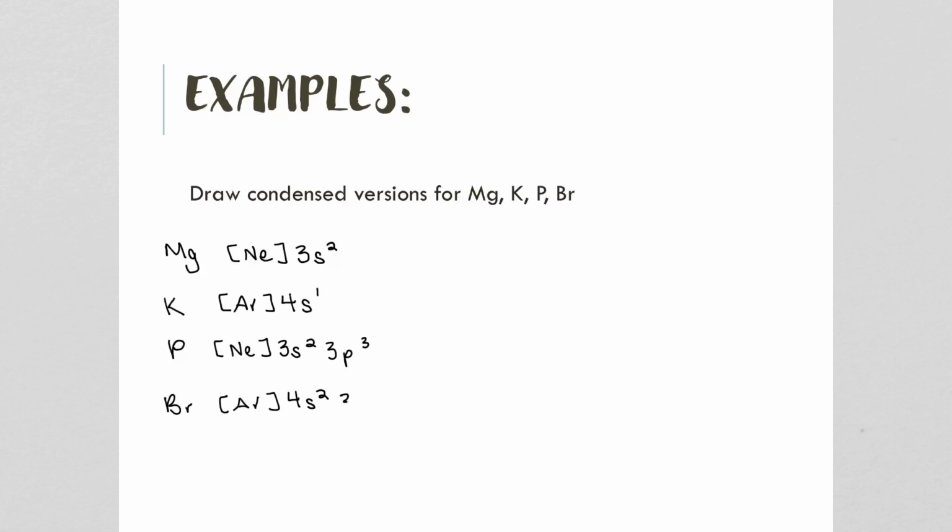So now it's going to be 3d10, and now we go back to the p orbital, and bromine is in the 5th position, so 4p5. So argon, 4s2, 3d10, 4p5 is how you write that one.